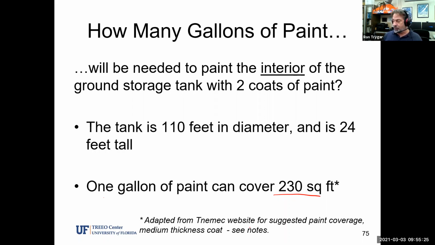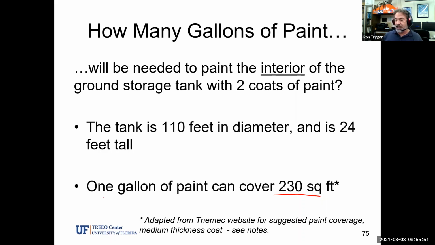If you go into the notes pages of the Tnemic website for these different paints, they have a range. The thickness, if you're going to apply it in a thin or a thick or a medium coat, just depends on what nap rollers and stuff you're using. But if you're doing a medium thickness coat, they say basically 230 square feet per gallon of paint.